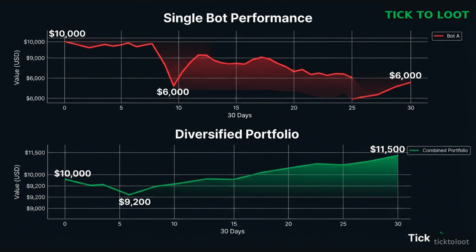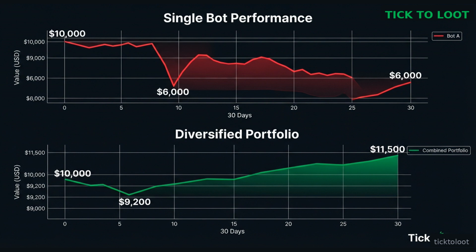When you plot the combined equity curve of both bots, the line moves more smoothly. It might dip a little, say from $10,000 to $9,200, but then climb back up to $11,500 as the two strategies balance each other out. The overall drawdown, the biggest drop from a peak, is much smaller, and the final profit is higher. This is the essence of risk reduction.